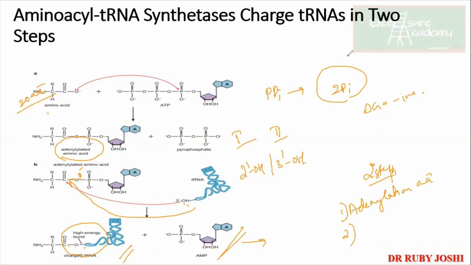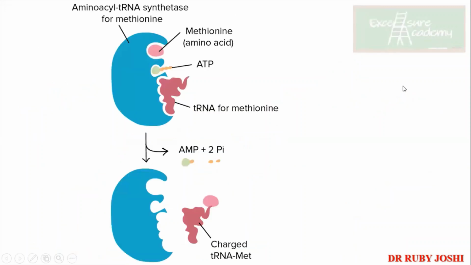Clear? Okay. Now look at this figure. Let us imagine that this is the aminoacyl tRNA synthetase for methionine. First your enzyme is going to recognize your tRNA depending on the pseudouridine, dihydrouridine and the anticodons. We will discuss in detail how they help in the recognition of the amino acid.